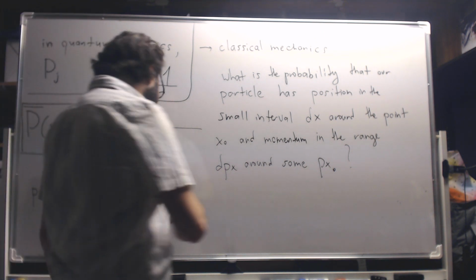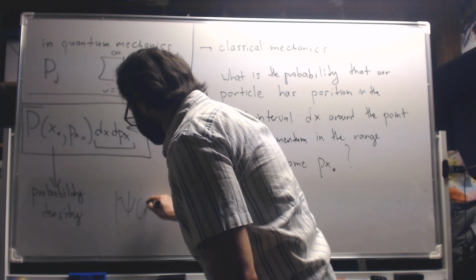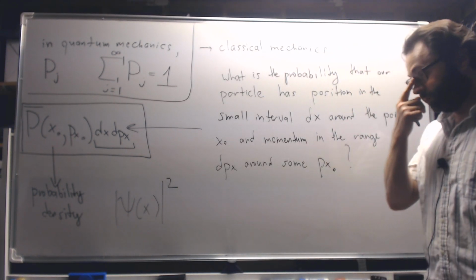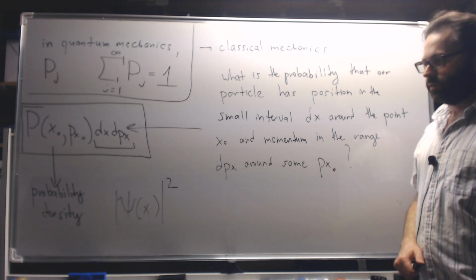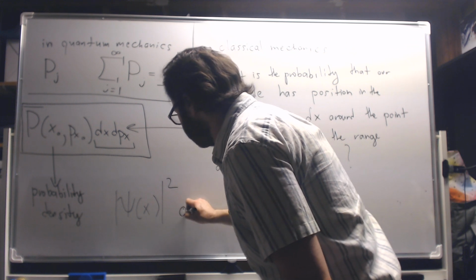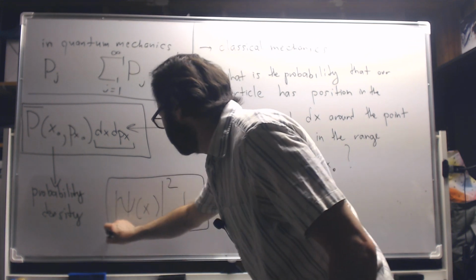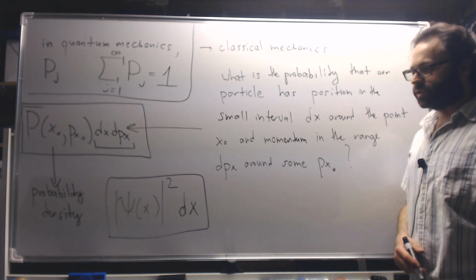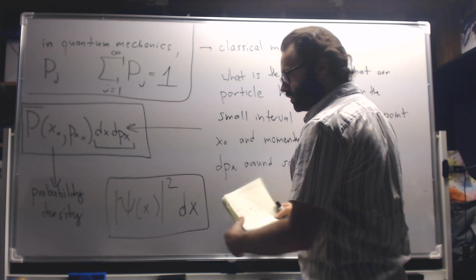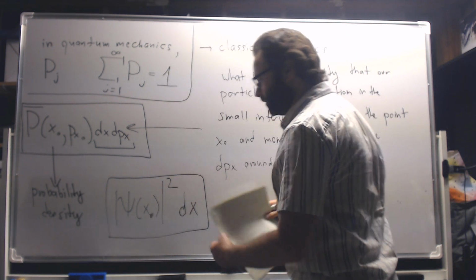What examples have we seen of this probability density? Well, the wave function, which depended only on position. In quantum mechanics, this was the probability that the particle is found somewhere near the point x naught in an interval dx.